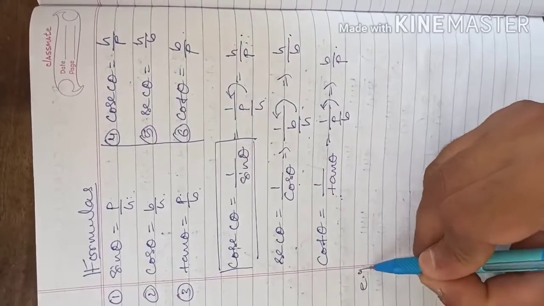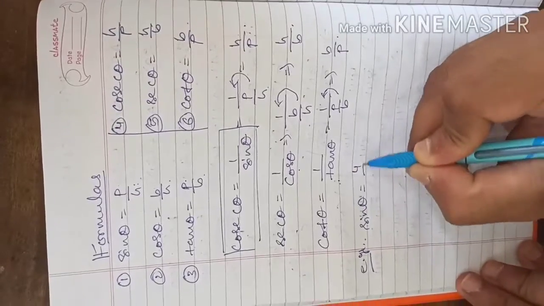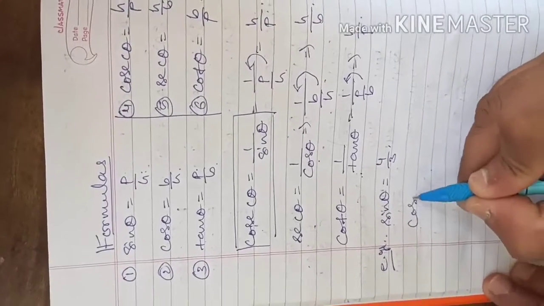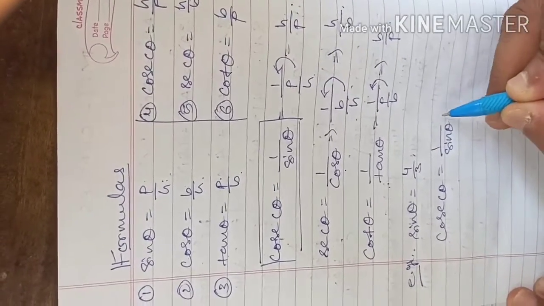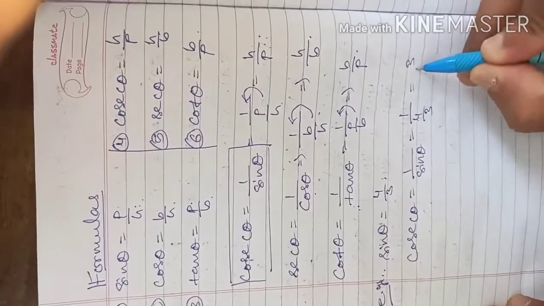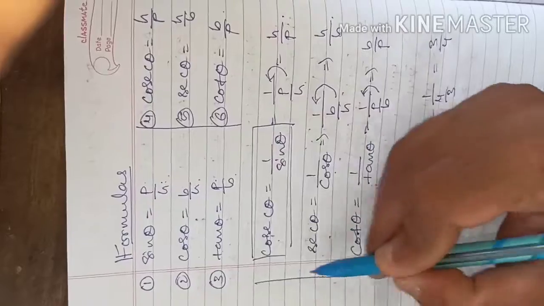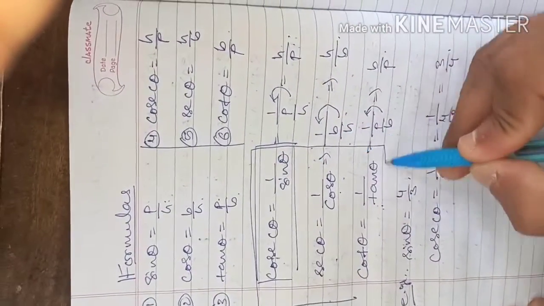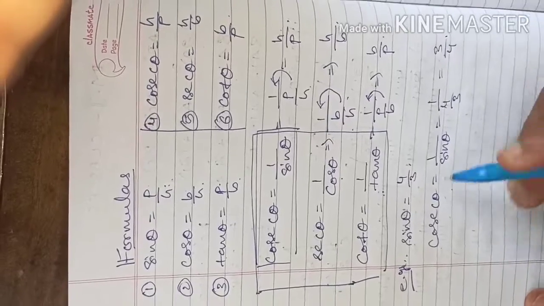Just an example I am explaining. Suppose sin theta is 4 by 3. Cosec theta is 1 by sin theta, 1 by 4 by 3. Just take it to the numerator, 3 by 4. This is called the reciprocal. These are the three more formulas which you have to remember. Note them down in a notebook and practice them.